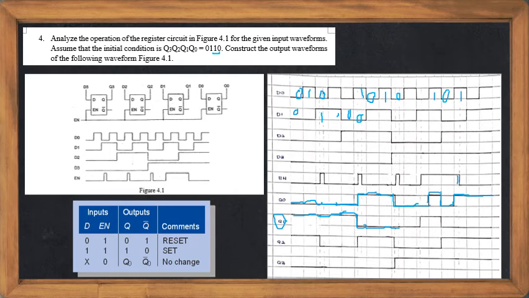When D is 0 and the enable is 1, the output will be reset.